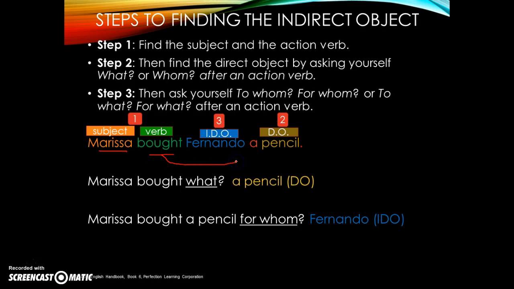And in this case, the what is a pencil, so that's our direct object. And then we say, Marissa bought a pencil for whom, which is step 3, and the answer is Fernando, our indirect object. So Marissa bought what? That's our direct object, which is pencil. And then Marissa bought a pencil for whom, which is Fernando, our indirect object.